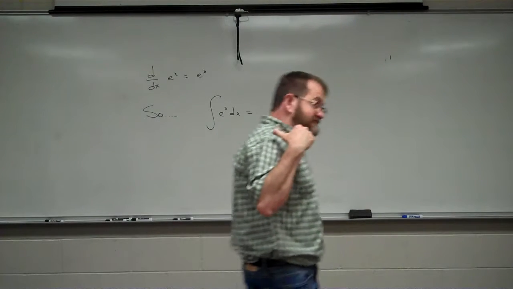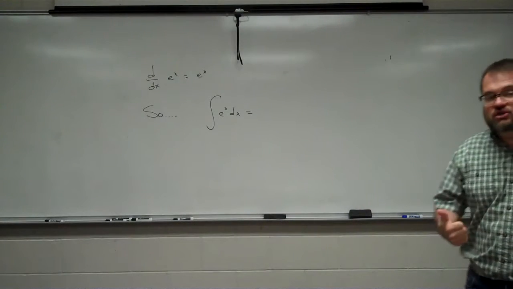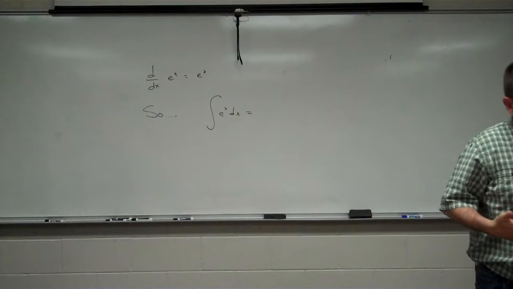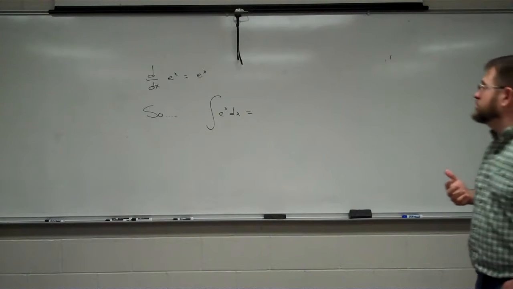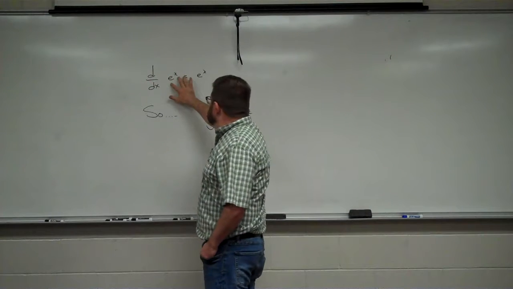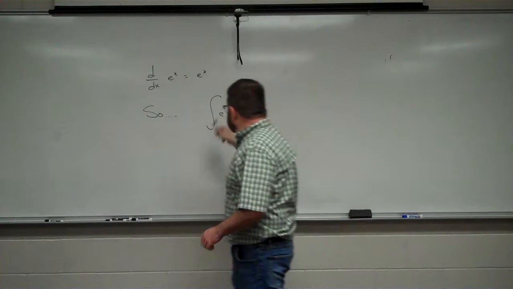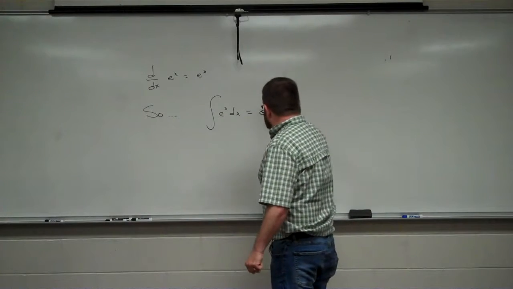It's the only function where this is possible. And we've learned from the fundamental theorem of calculus that derivatives and integrals are kind of opposite of each other, inverse operations. So if the derivative of e to the x was e to the x, what would the integral of e to the x be? It's just e to the x.